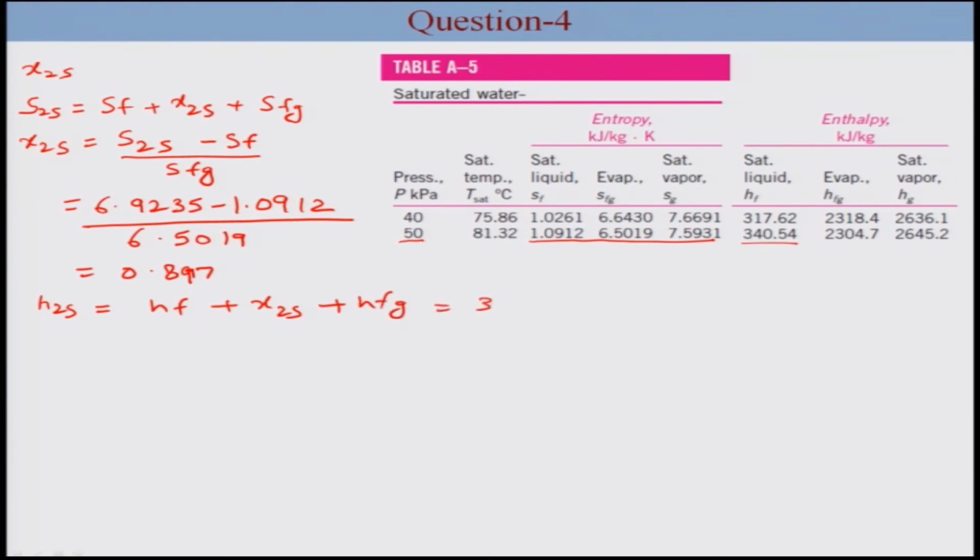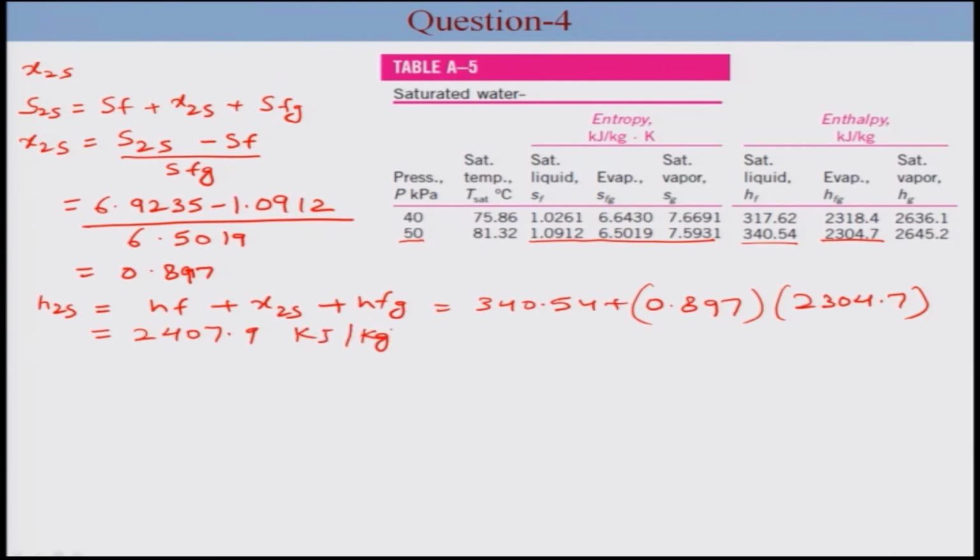HF is 340.54 plus X2S, which is 0.897, multiplied by HFG, which is 2304.7. So, this gives a value of H2S of 2407.9 kilojoule per kg.